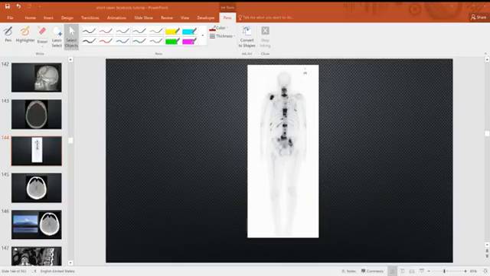Bony metastasis, bone scan, axial skeletal metastasis, bone scan with multiple metastasis.